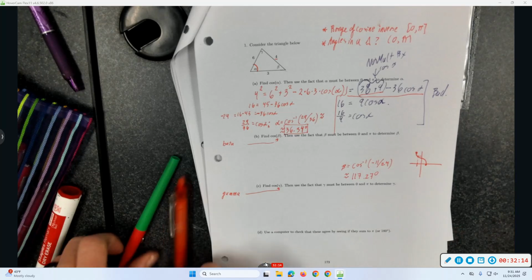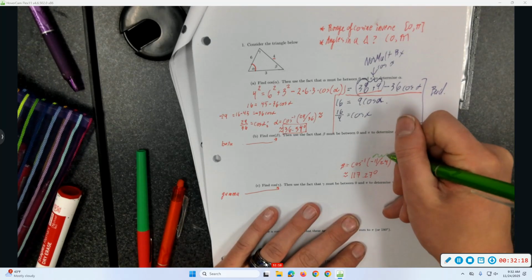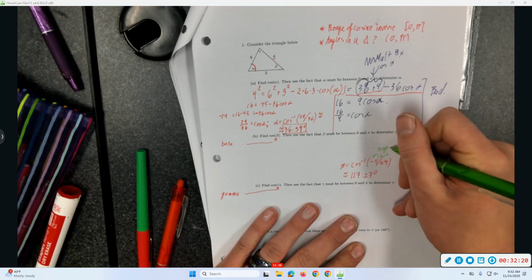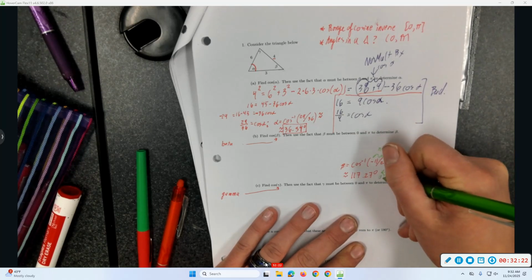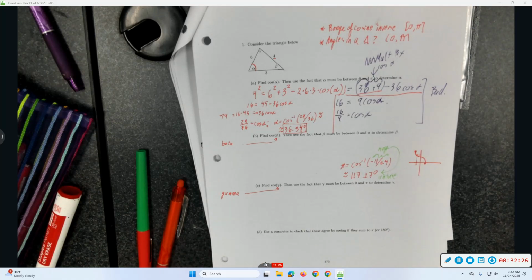Oh, cool. So when this is negative, that will be obtuse. And let's just check if that could be obtuse. The angle beta, is it opposite the longest side length? Oh, cool. So it's allowed to be obtuse if it wants to be. It's not obviously long, but that's obtuse.